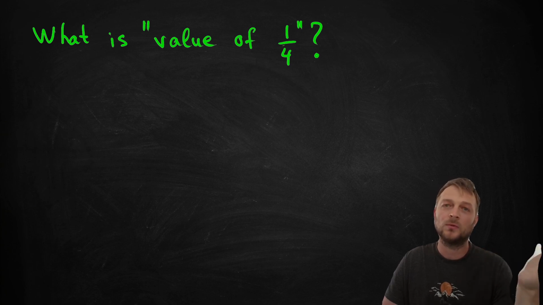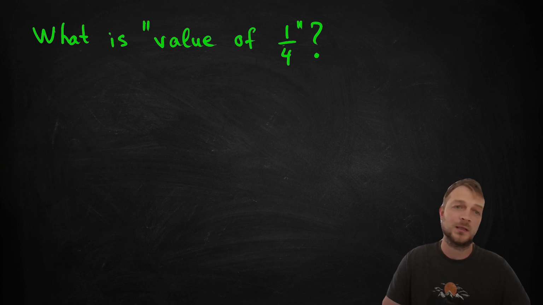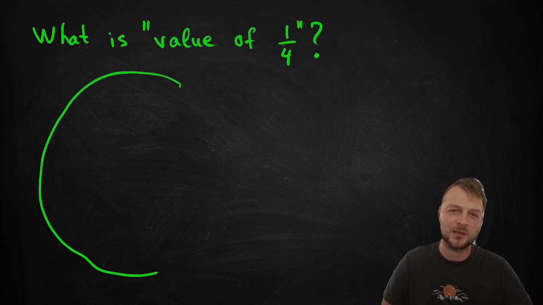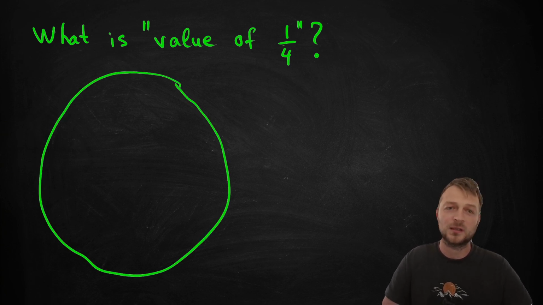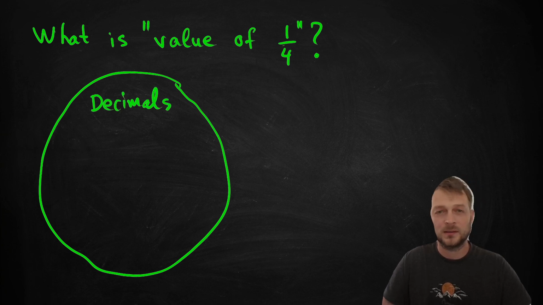And I want to look at this from the perspective of a mapping. So there is actually no such thing as a value of 1/4. That's the wrong abstraction. So what really happens is that we have a space of decimals that we just described. Decimals.